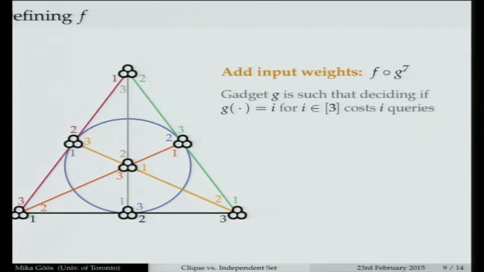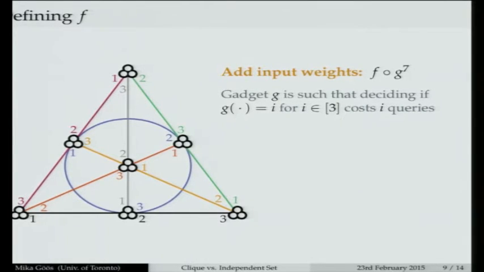And the encoding is given by some gadget, some function g. The important thing about the encoding is that if you want to find out whether the ith pointer is there, you need to spend i queries. If you want to find out whether a particular node is a null pointer, you need the maximum number of queries, which is 3.